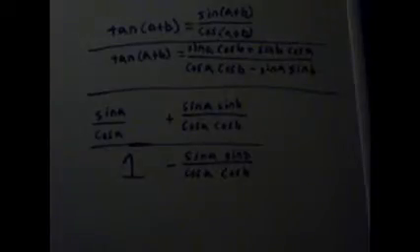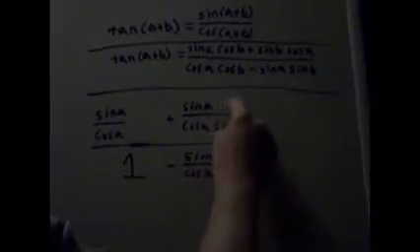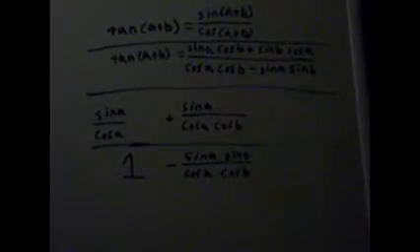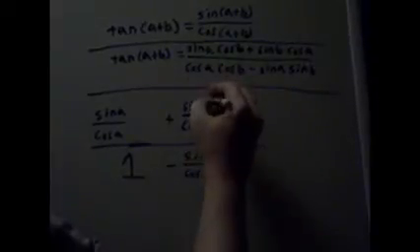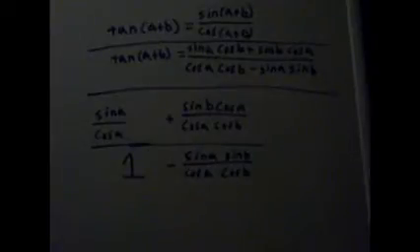Now then, whoops. That's not correct. I know, you're going to criticize me for that. Sorry about that. So this term is actually sine B cosine A divided by cosine A cosine B. Now I think you can pretty much see what we're going to do here.